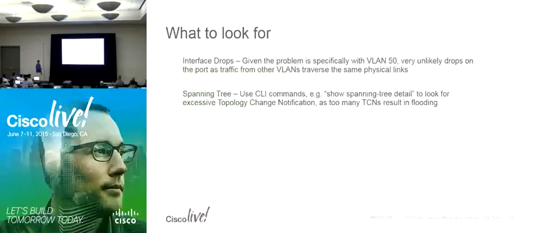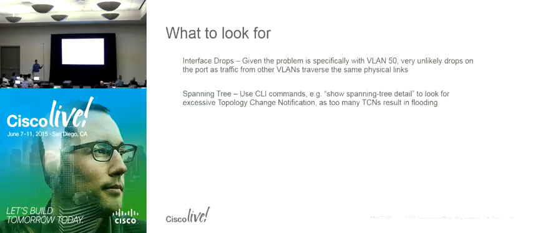You look for too many topology changes, because with every TCN, two things happen. The topology change is propagated to all switches in that VLAN, and as soon as a switch receives a TCN, it flushes out its MAC address table, and while it does that, there could be periods of excessive flooding in the network because the MACs are not there.